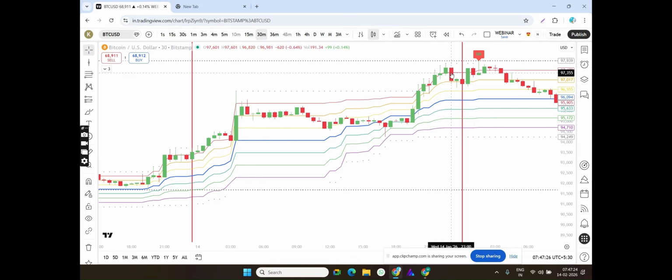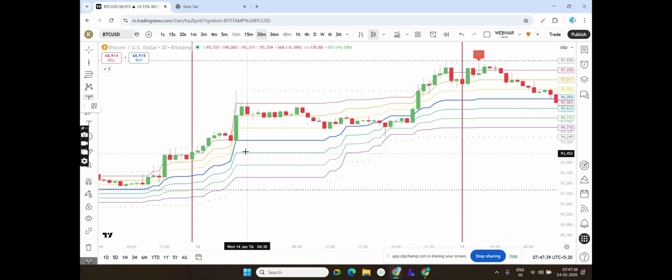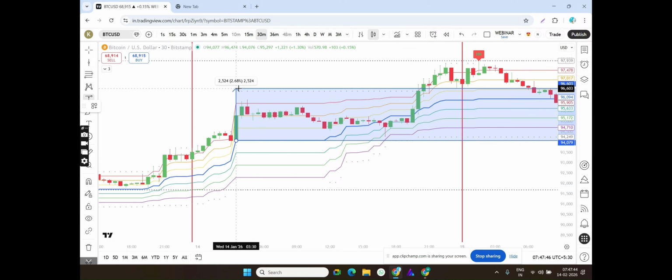This is how intraday players can use percentage targets also. If you measure this run here, it will be in percentage, you will get the price action. If you see, this high is 2.5%.